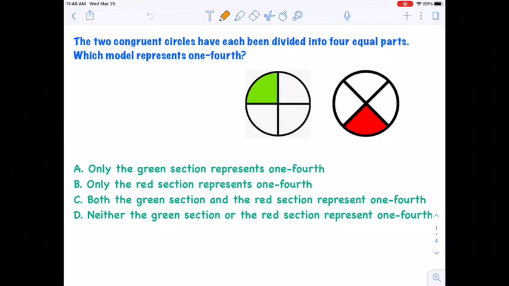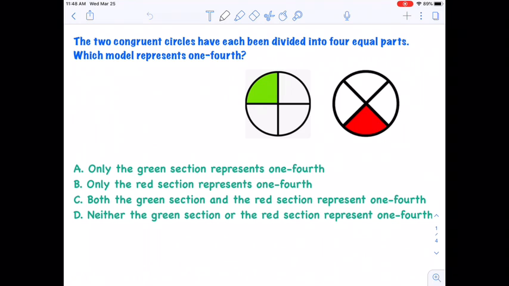So it seems to me like we've got to know what each section represents before we can answer this question. So let's look at the circle that has the green section. What part of this circle does the green section represent? We're told in the question that each circle has been divided into 4 equal parts.